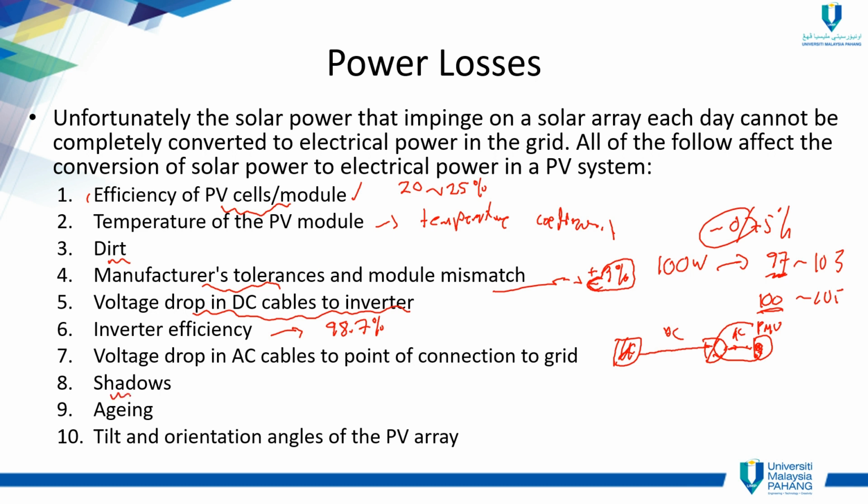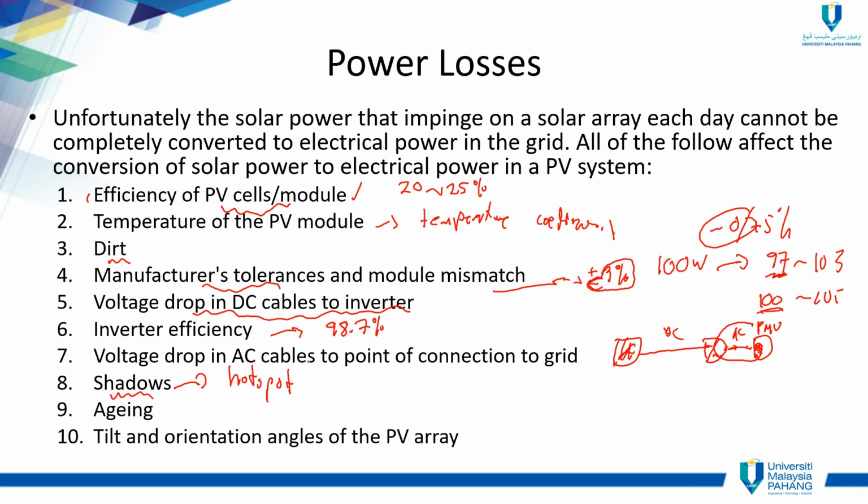Then shadows, because shadows can create hotspots. The shadows may come for a very short time. For example, the sun is moving from the east to the west.